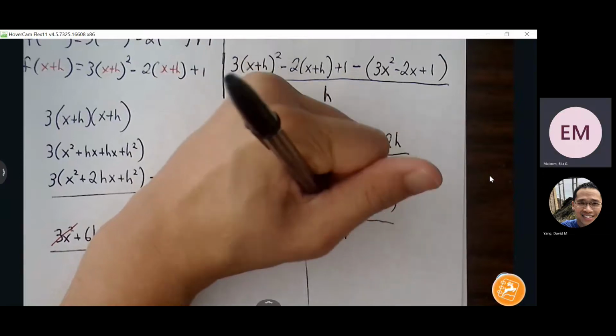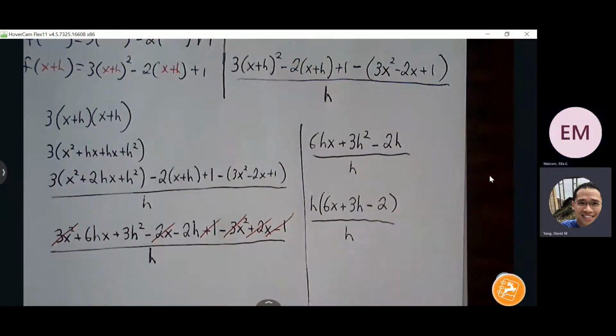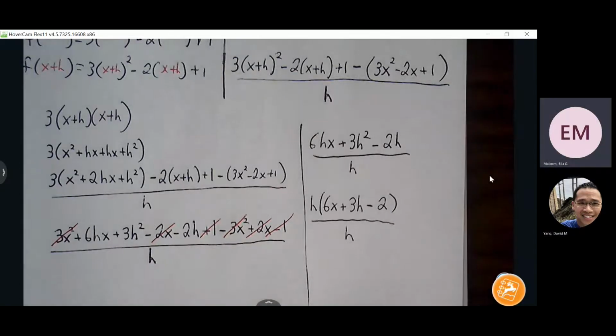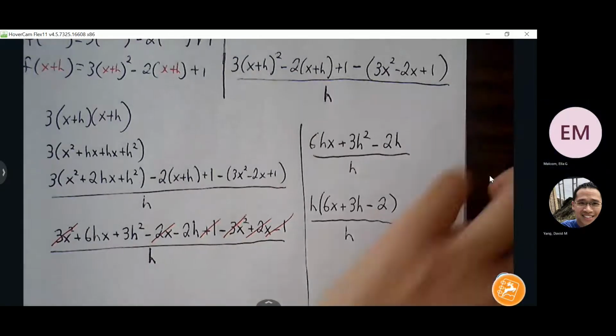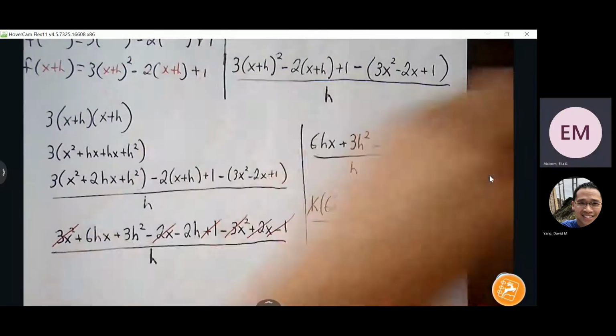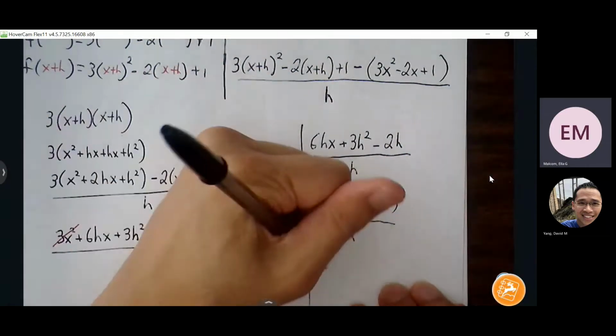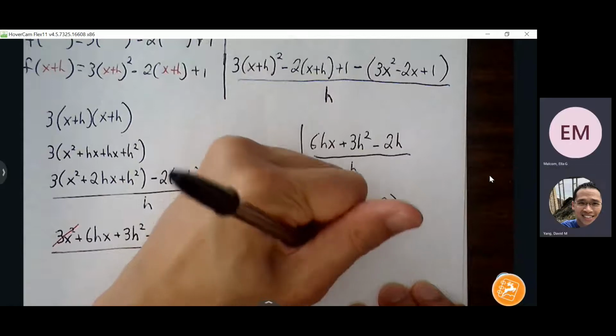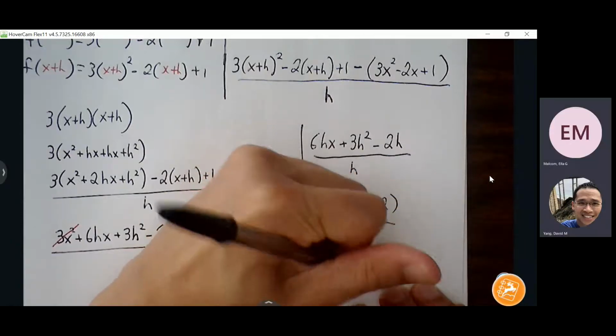So 6x plus 3h minus 2 over h. Can those two h's cancel out? There we go, yeah. Because I don't think 6x plus 3h minus 2 can simplify any further, right? They can't. That's as far as we can go.